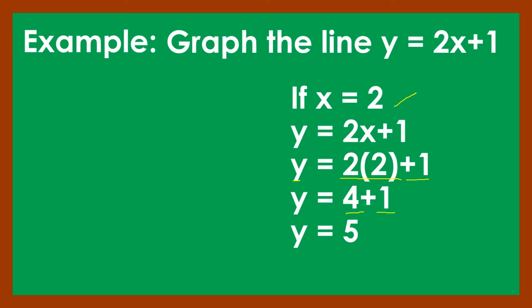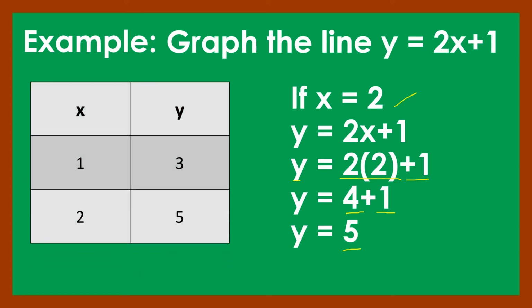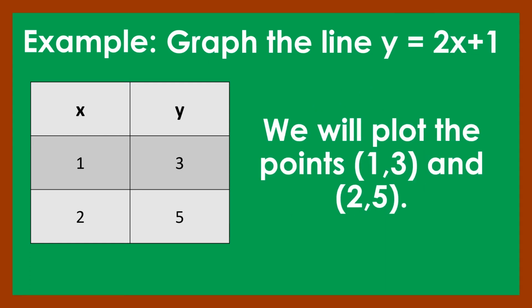And finally, 4 plus 1 would be equal to 5. So, sa table of values natin, yung next na point natin would be (2, 5). Since may dalawang points na tayo, pwede na nating i-graph yung equation ng line. The first point would be (1, 3), and the second point would be (2, 5).